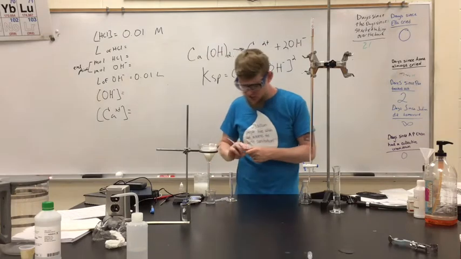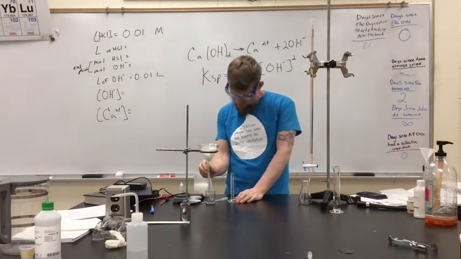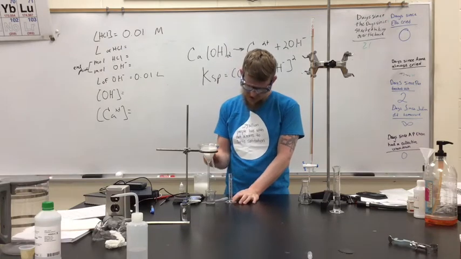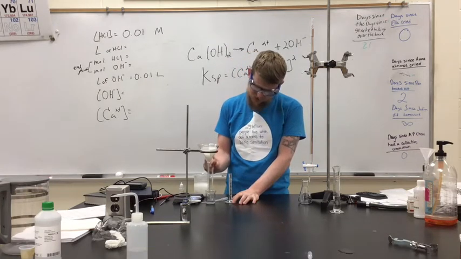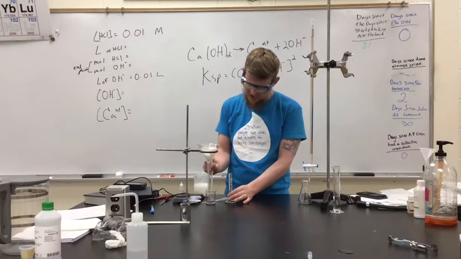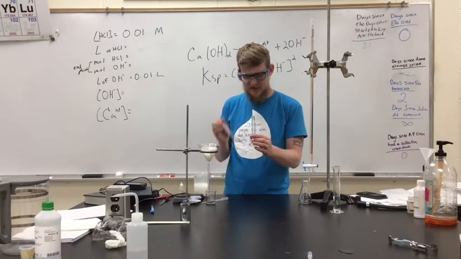All right, so it looks like we've probably got about 10 milliliters here. Let's go ahead and see. We're going to use our graduated cylinder here to measure precisely 10 milliliters.